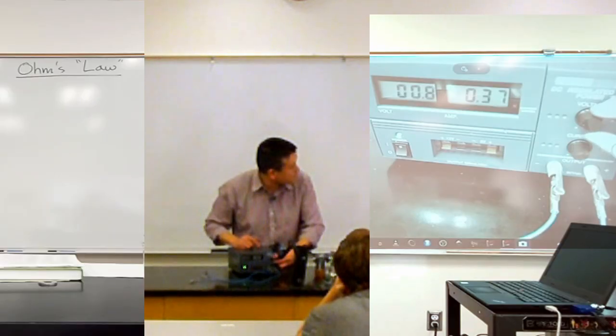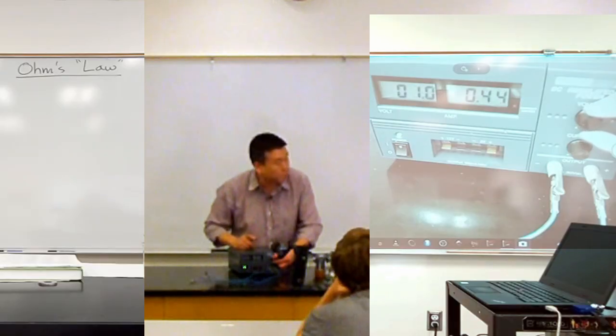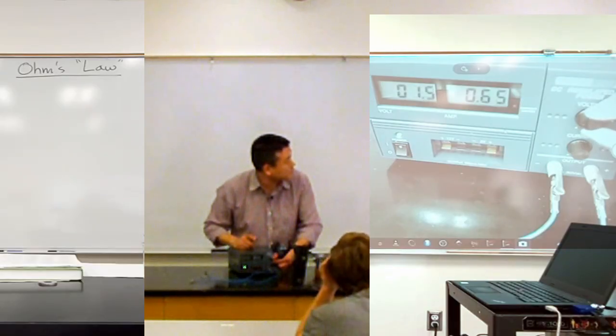I think I can probably go as high as 1.5. So that it's easier to see, let me go from 0.5. At 0.5 volts, it was 0.22. Let's go to 1 volt. At 1 volt, it's 0.44. And let's go all the way to 1.5 volts, 0.66.